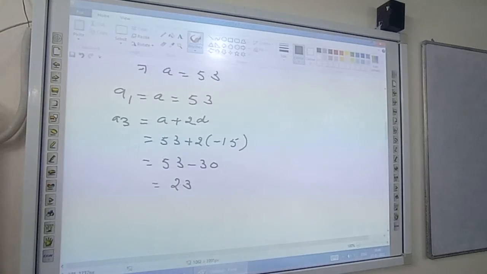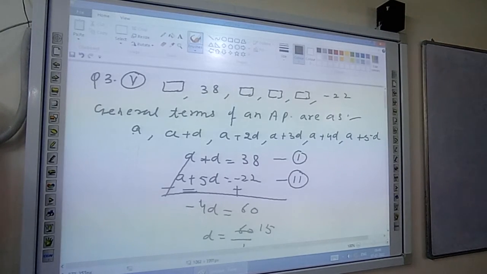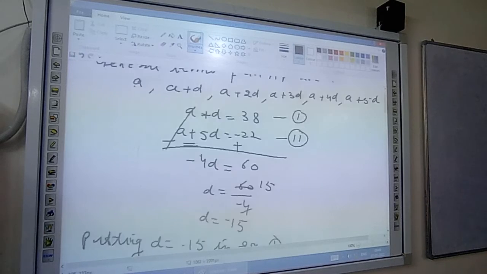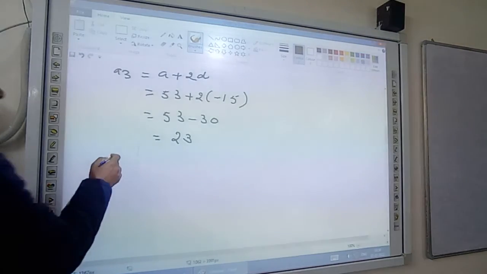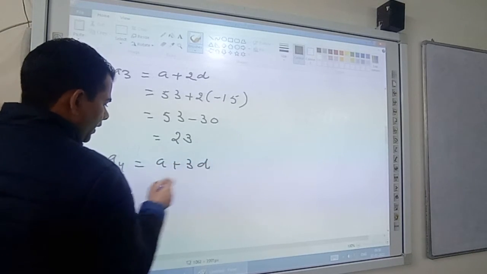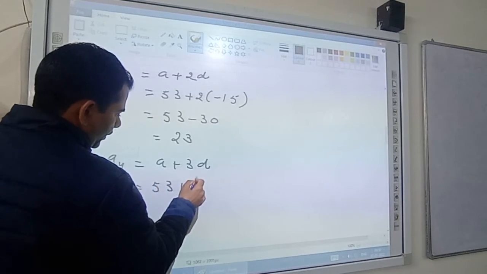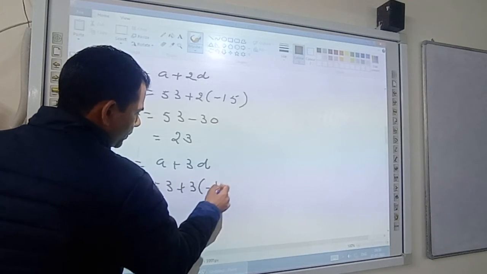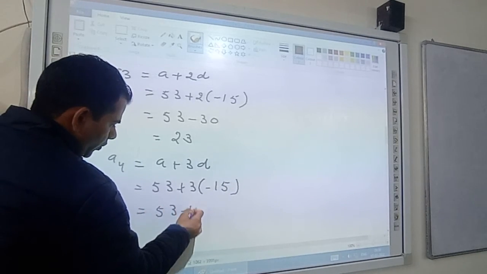Now your next missing terms are the fourth and fifth. Fourth term is A plus 3D. What is A? 53 and D is minus 15. 53 minus 45.